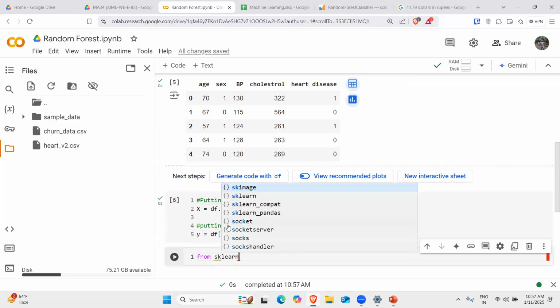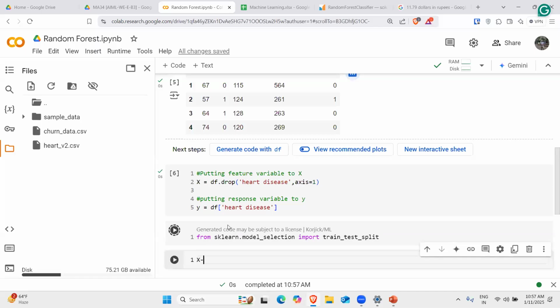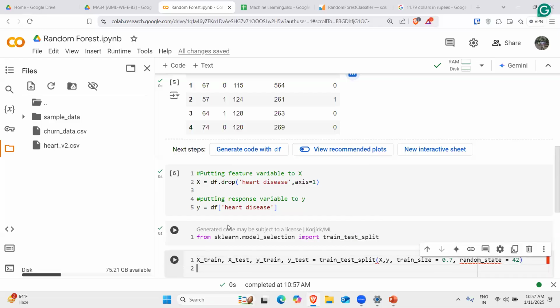Then from sklearn.model_selection, I'm going to import train_test_split. Then X_train, X_test, y_train, y_test equals train_test_split of capital X comma y comma train_size equals 0.7, sorry, 0.7, and random_state we will pass as any random state. Let's take it as 42, right?